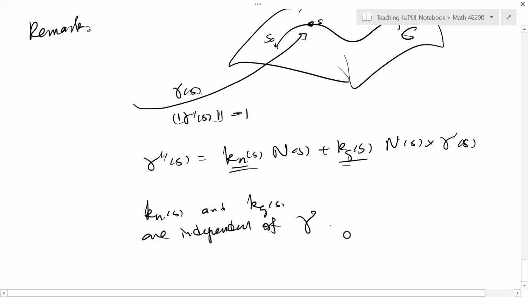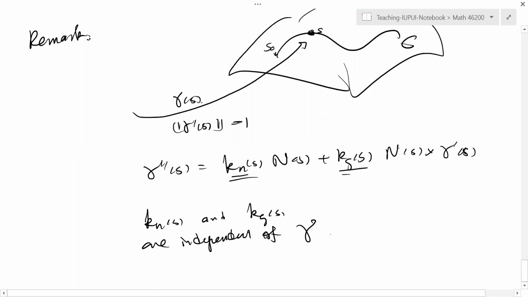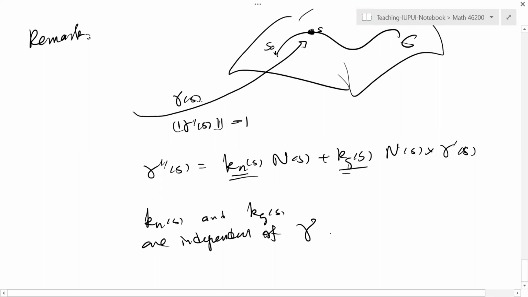So the so-called normal curvature and geodesic curvature of the curve at a particular point can be computed with a chosen parameterization, and the parameter does not even need to be unit speed. But in the definition, the geodesic curvature is defined using a parameterization with constant speed, unit speed.